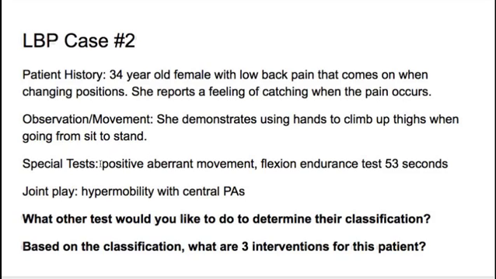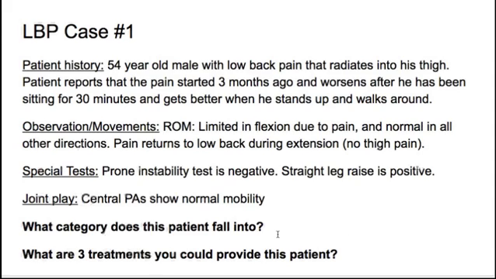When she flexes, you can see a little movement of her back to the right or left, and with a flexion endurance test, she can only do it for 53 seconds. When you apply a posterior to anterior pressure, she shows some hypermobility with central PAs in the low lumbar area.